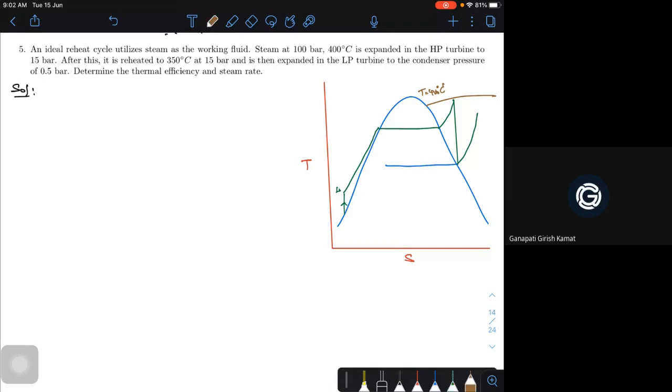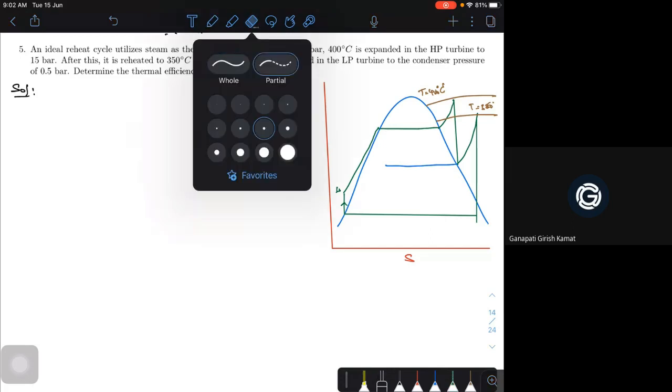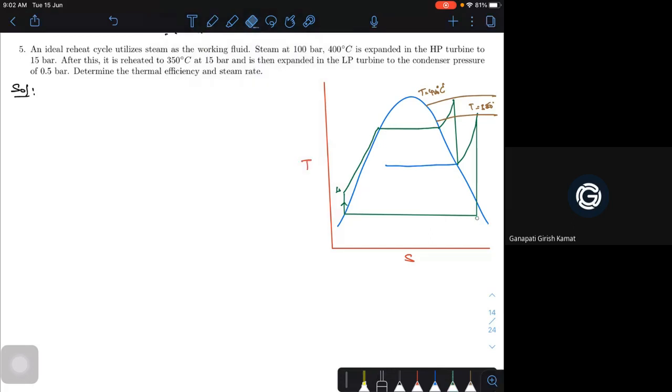So I have one more temperature, T equal to 350 degrees Celsius. And then I am going to expand in the low pressure turbine. I don't know the condition yet. Then I am going to release the heat in the condenser. So this is what your TS diagram looks like.